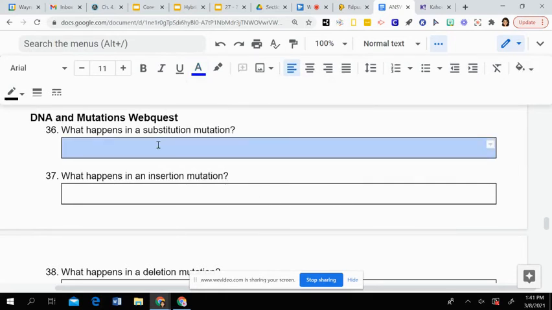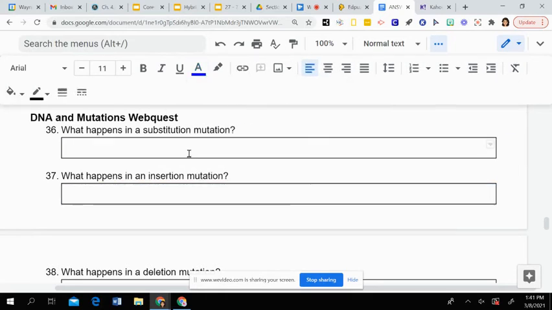Getting into mutations. A substitution mutation. I'm going to go through these quickly. A substitution mutation is a mutation that exchanges one base for another. So it switches them out.